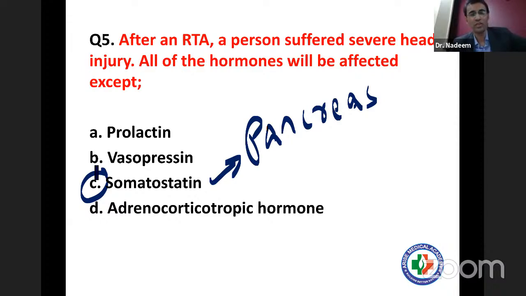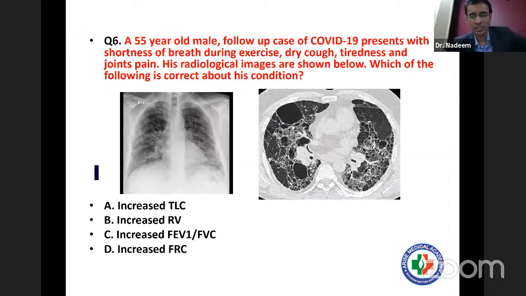Very good, very good. Next question. See here, this question. A 55-year-old male, follow-up case of COVID-19. I hope all of you are familiar with the cases of COVID-19 because even in the recent FMGE exam, which was conducted on 18th June, I think 3 or 4 questions were asked from COVID-19. Post-COVID complications are so many, right?